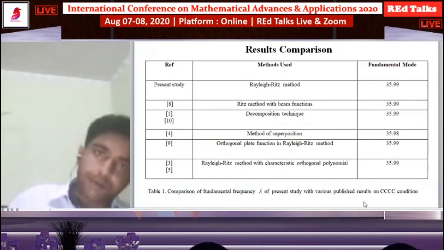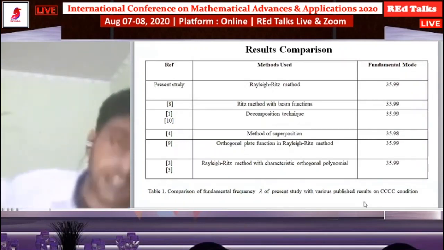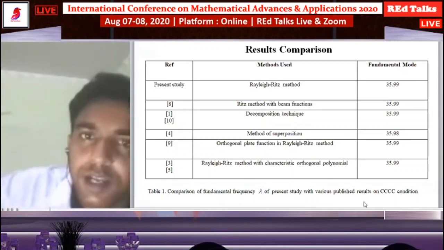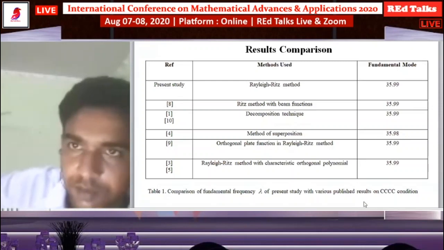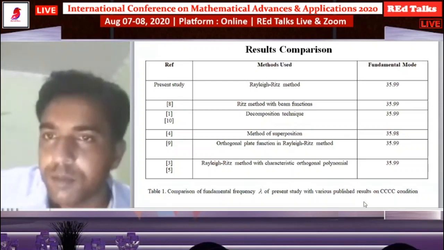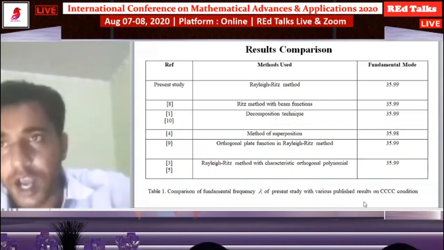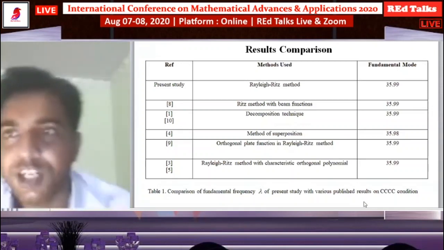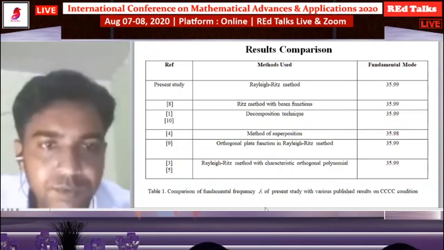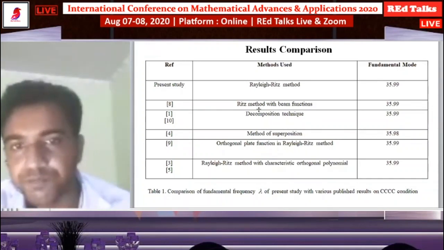After that, we have discussed some result comparison of the present study. In the present study, we use Rayleigh's method and find the fundamental mode 35.99, and we compare this result with other existing methods as presented in studies 8, 1, 10, 4, 9, 3 and 5.